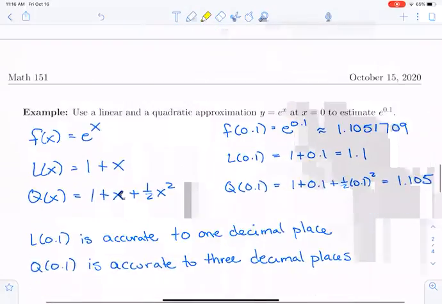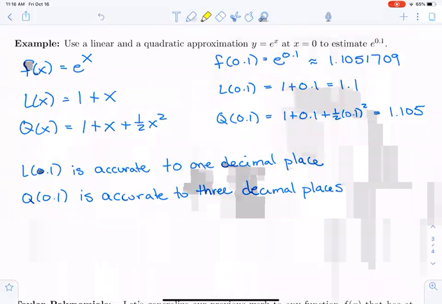One thing before that I want to mention, though, is we can use these approximations to estimate things like e to the 0.1 power. Notice that e to the 0.1, if you put it in a calculator, is 1.1051709. The linear approximation is 1 plus 0.1 or 1.1, and that's accurate to 1 decimal place.